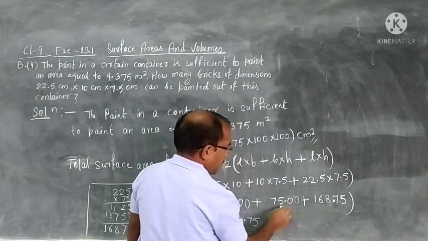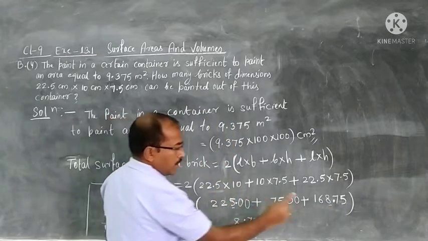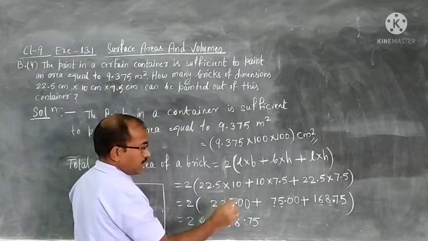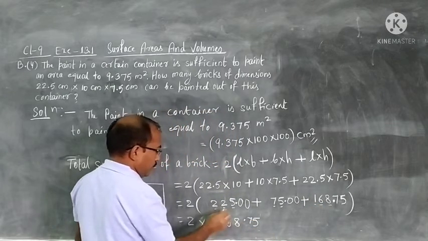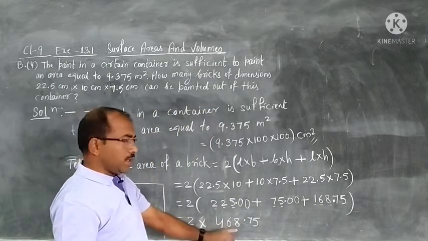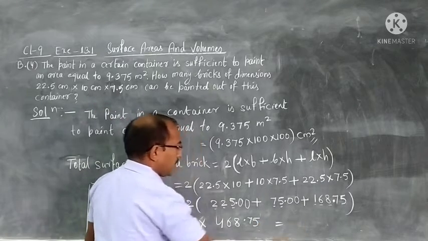Then 8 5, 13 5, 18, 6 1 7 7, 14 2, 16, 1 1 2 2 4. So we get 2 into 468.75. Let us multiply right here itself.